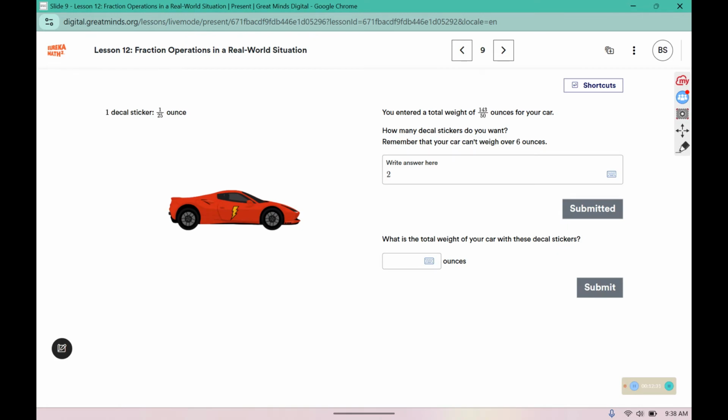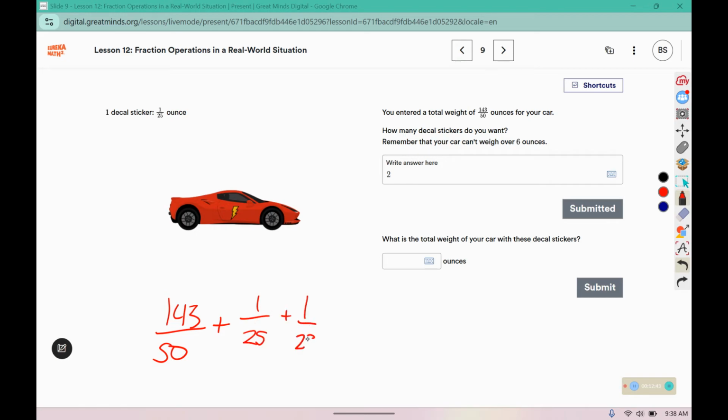What is the total weight of your car with these decal stickers? So I have 143 over 50, plus I'm adding 2 stickers. Remember, they have to have common denominators, so I'm going to rewrite these out of 50.